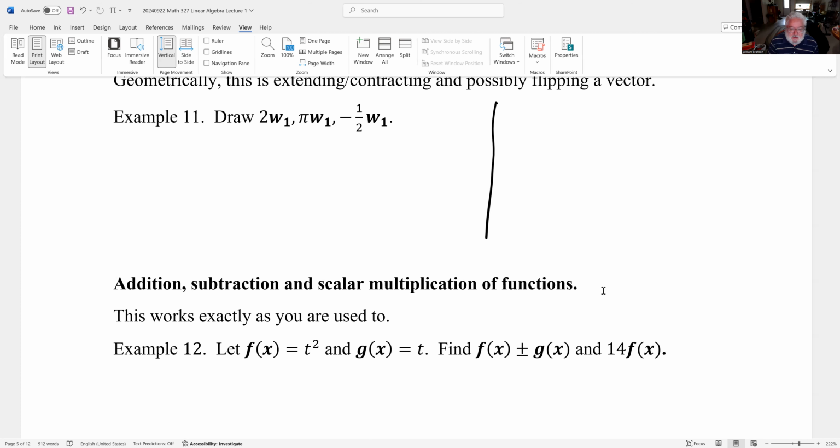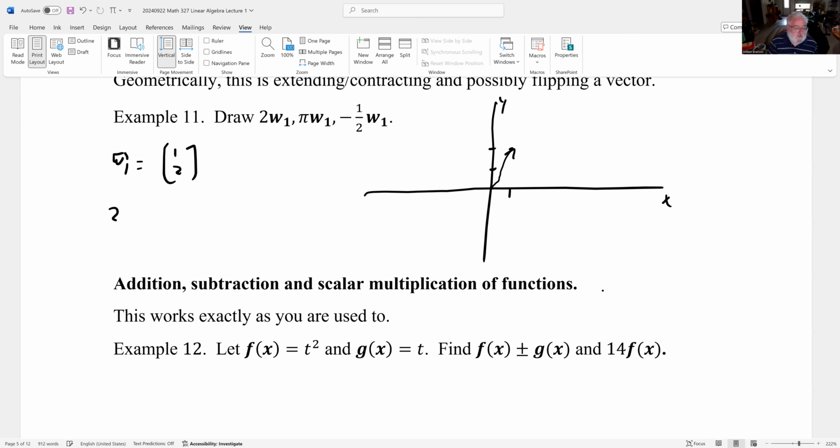Drawing an x-axis and a y-axis, x, y, 1, 1, 2. So there's W1. So 2W1 is 2, 4. So 2, 3, 4. So that'll be up there.